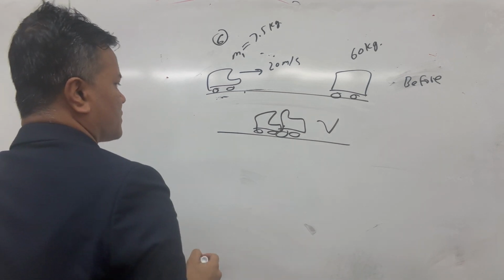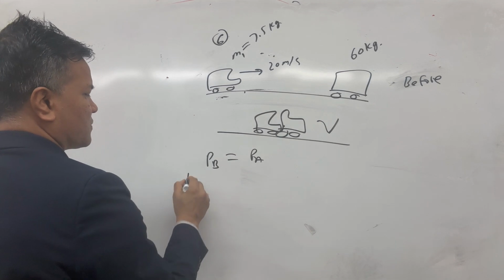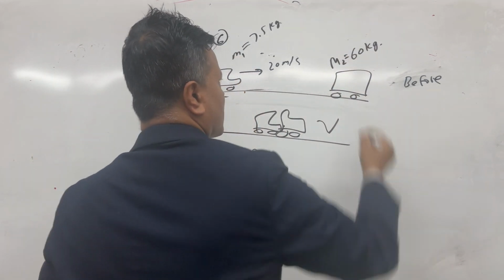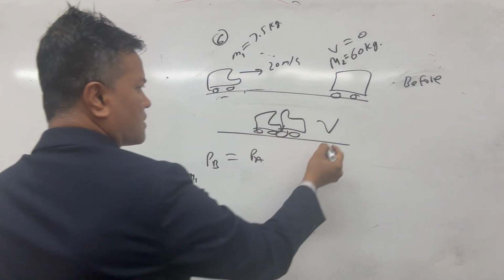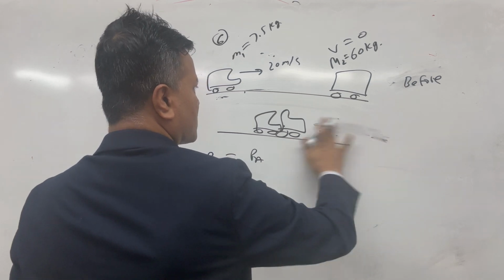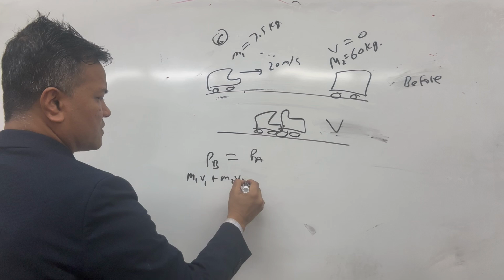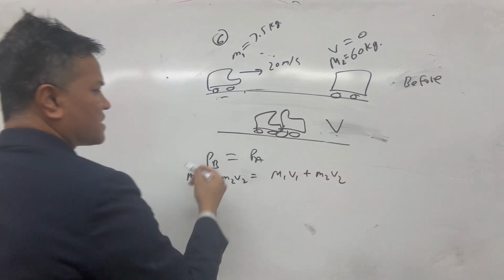Okay, so we know that momentum before is equal to momentum after. Momentum before is m1, this is called m2, and its velocity is 0. The velocity after is not velocity 1 and velocity 2, they're together. So m1 v1 plus m2 v2 is equal to m1 v1 plus m2 v2. Take a look at the picture.